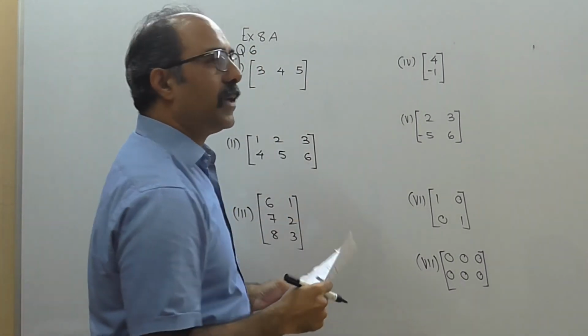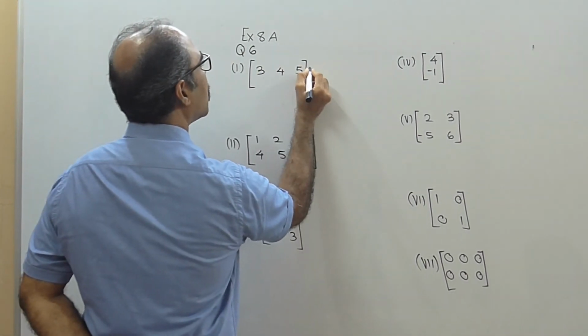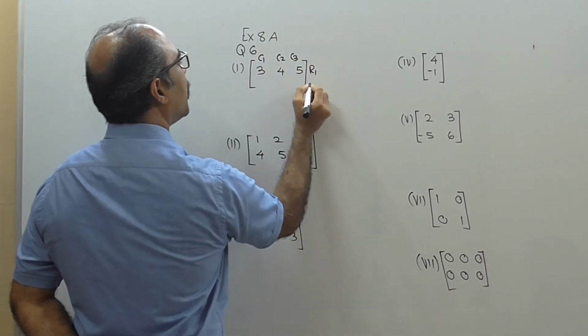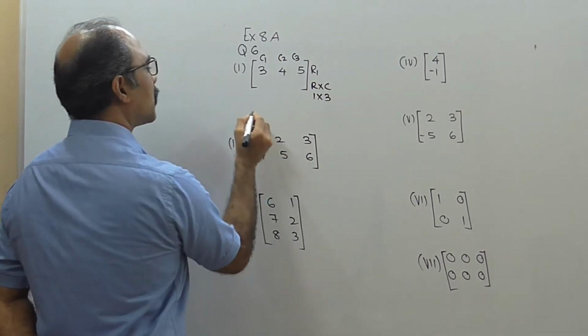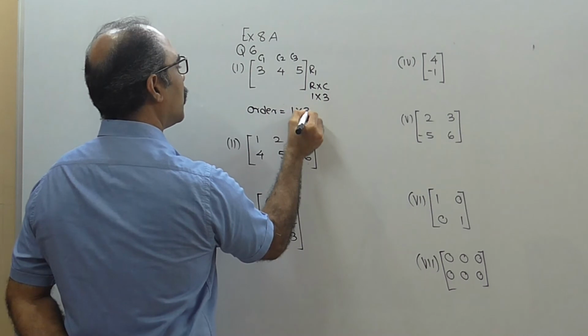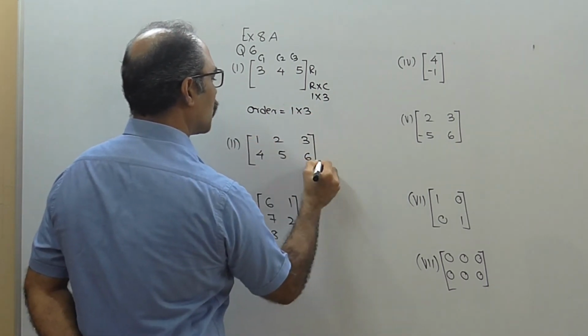You have to write the order of this matrix. So this is row 1, column 1, column 2, column 3. This is the matrix of the order R by C. That means this is the matrix of the order 1 by 3. Therefore the order equal to 1 by 3. Now this is having how many rows? 2 rows.